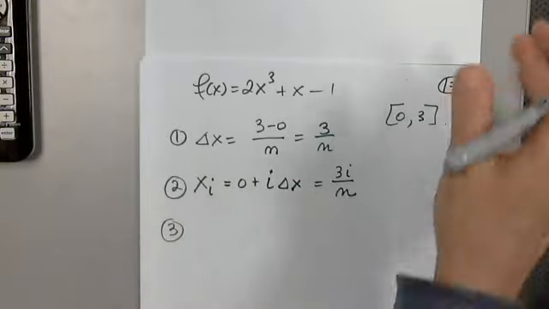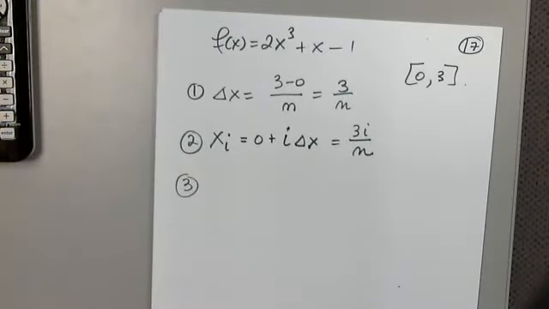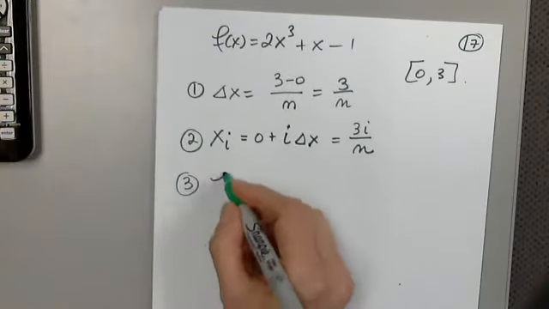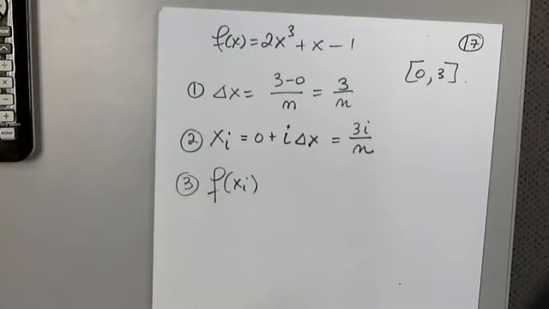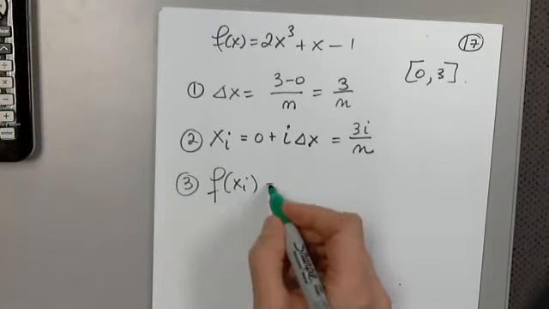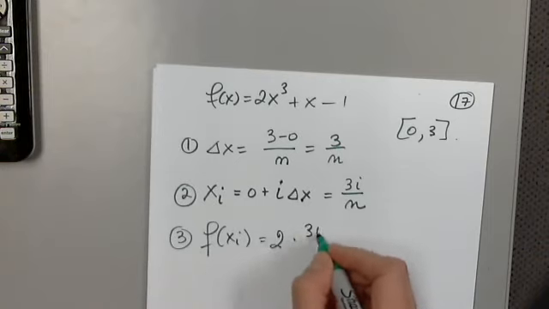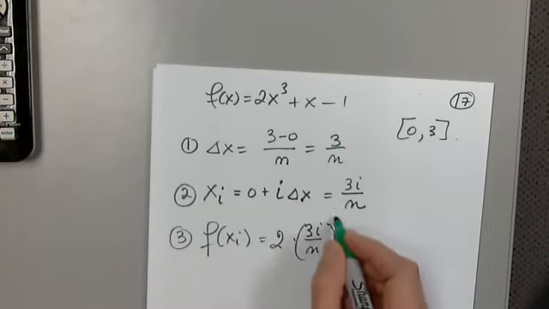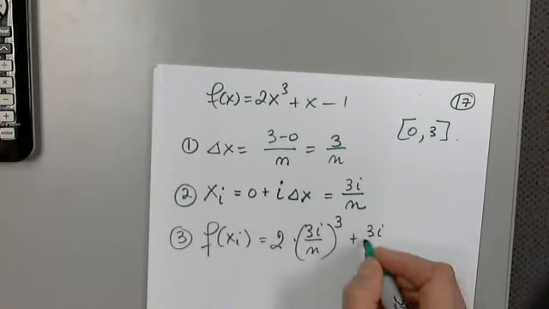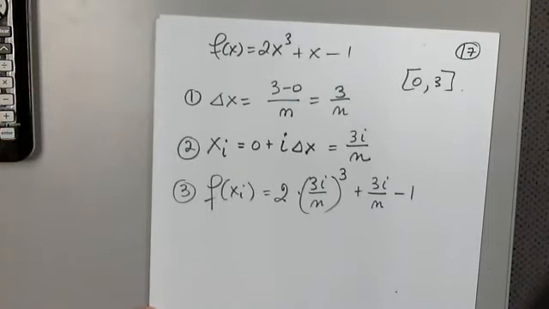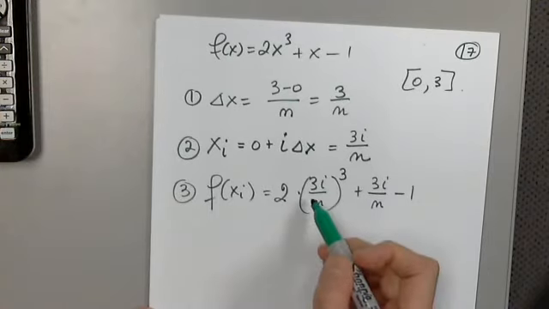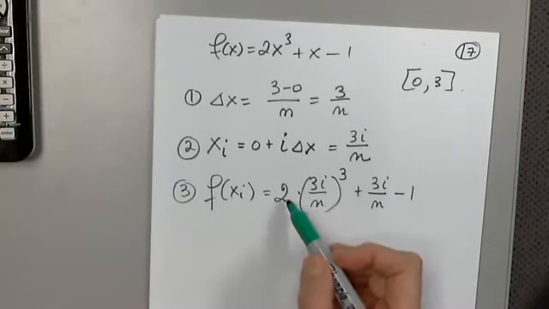The third prep is, and it must be, f of xi. All these preps are part of the Riemann sum. Okay, so what do we have? We have 2 multiplied by 3I over n everything cubed plus 3I over n and minus 1. 3 cubed is 27 times 2, 54.